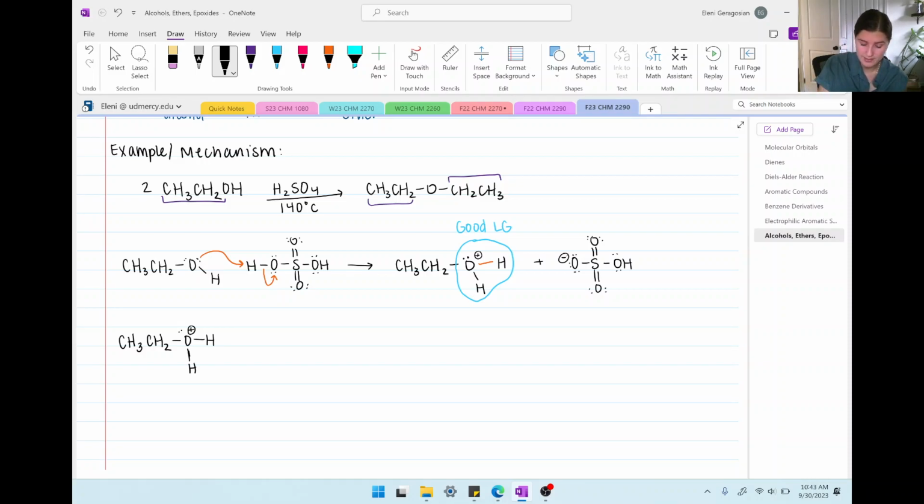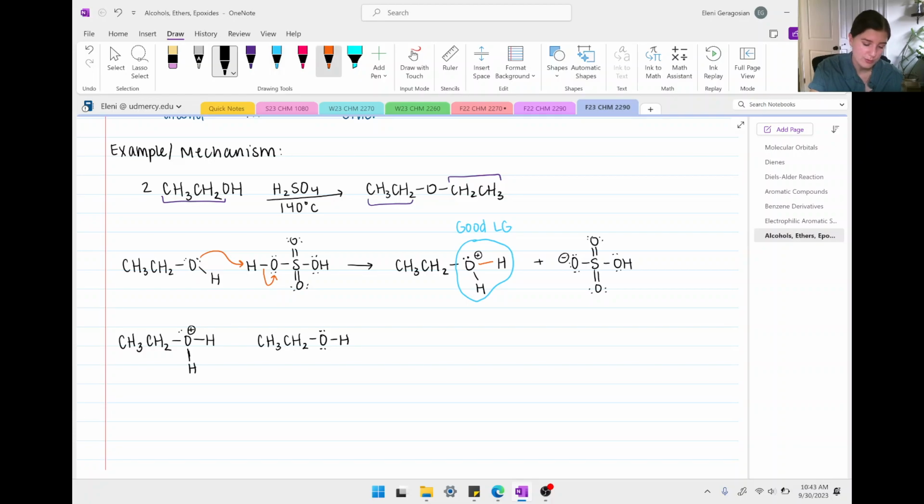We also have another alcohol molecule, where the oxygen in that neutral alcohol molecule has electrons, so it can create a new bond.